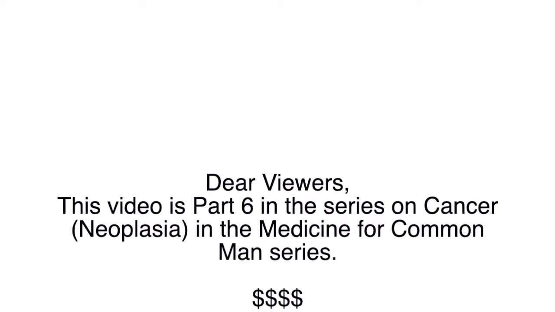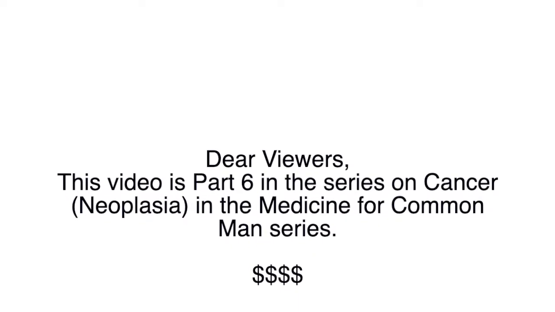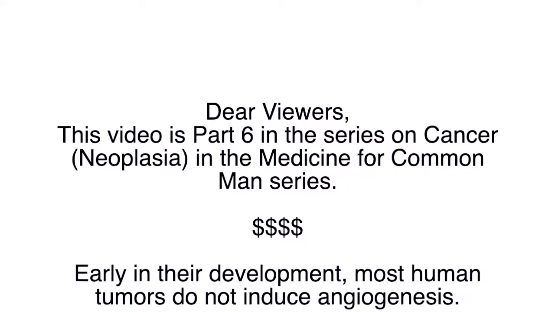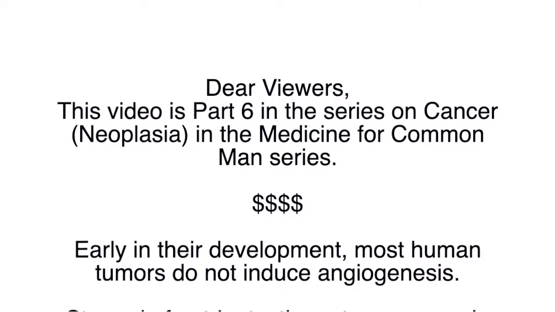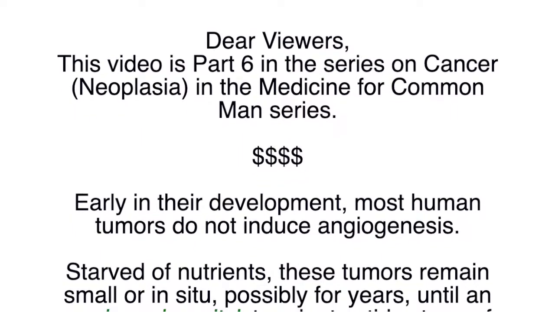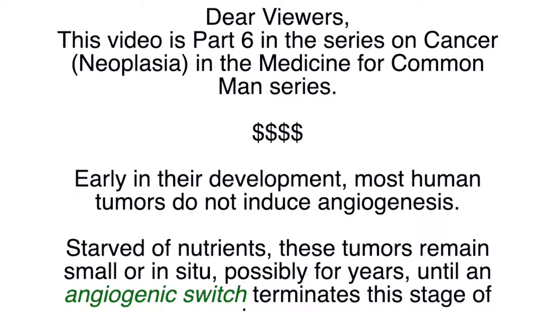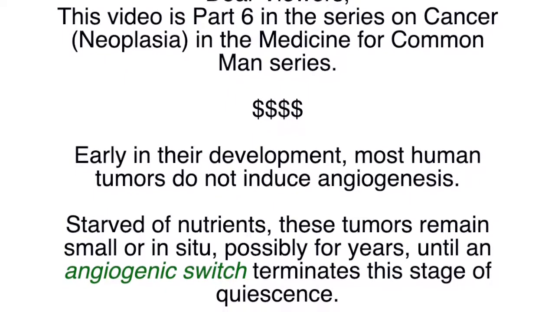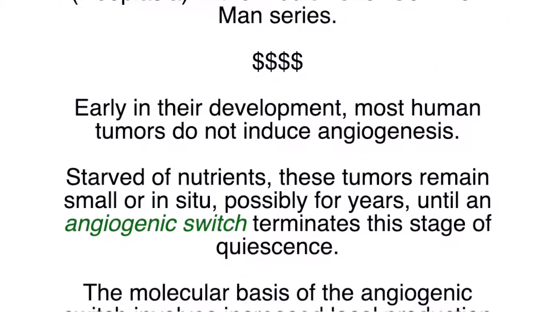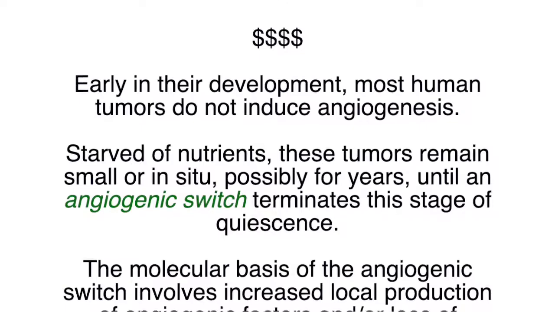Coming back to the discussion, early in their development, most human tumors do not induce angiogenesis. Starved of nutrients, these tumors remain small or in situ, possibly for years, until an angiogenic switch terminates this stage of quiescence.